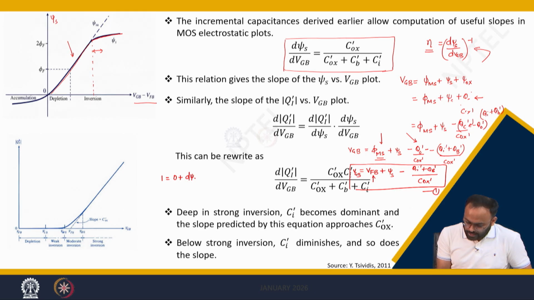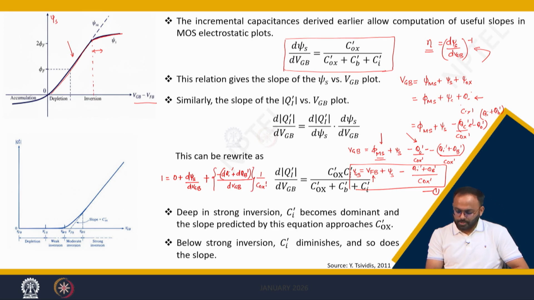VGB, you will get delta psi s by delta VGB minus, or to get its simplification I am writing plus with minus of dqi dash plus dqb dash divided by dVGB over 1 over Cox dash.